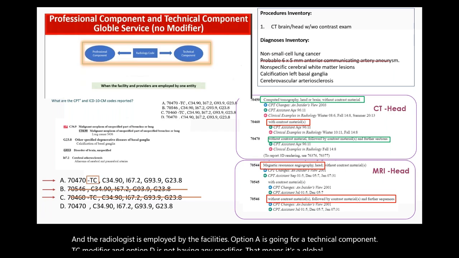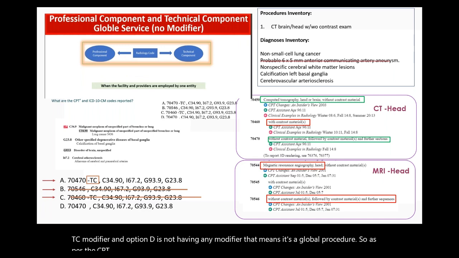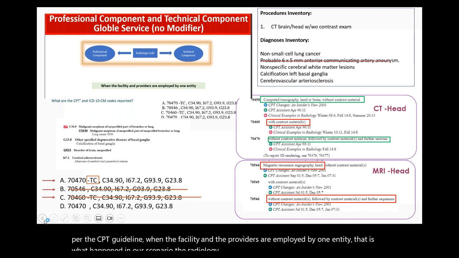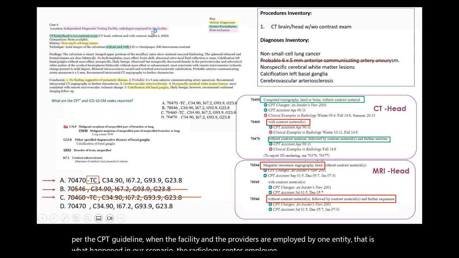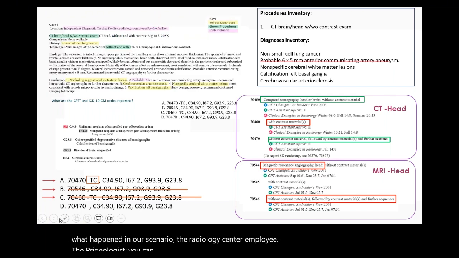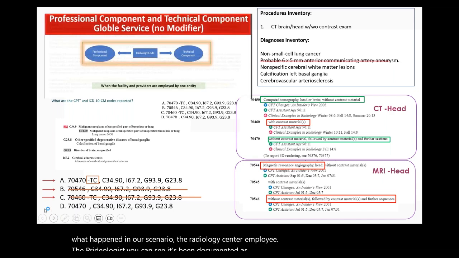So as per the CPT guideline, when the facility and the provider are employed by one entity, that is what happened in our scenario. The radiology center employs the radiologist. You can see it's been documented as well. In such scenarios, the service is considered to be a global service.